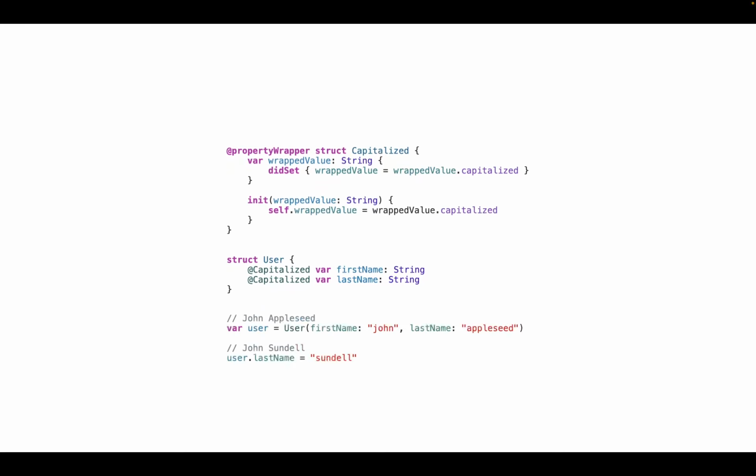You're creating a user, and when you assign these values inside the initializer, it will automatically go to the Capitalized property wrapper and try to capitalize that. You can print out the values and check if that actually works. And the same goes for when you're assigning these values using accessors. So yeah, that is property wrappers.